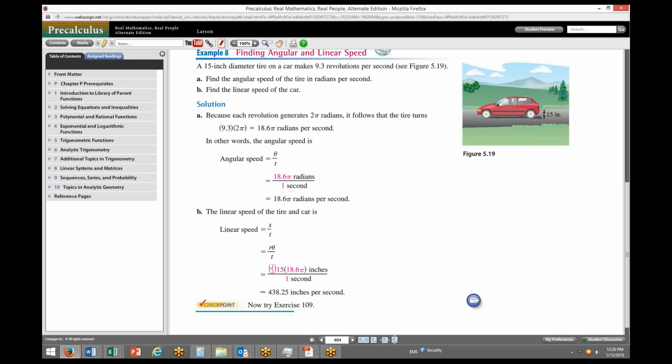So if you're still learning WebAssign's notation or how many places you're supposed to round off to, and you're still fine-tuning your answers, you've got 5 times to try each problem. So also give yourself enough time on this. Don't wait till the due date of this homework assignment, the 5.1 homework, but go ahead and be working on it ahead of time so you can take advantage of those extra attempts if need be.